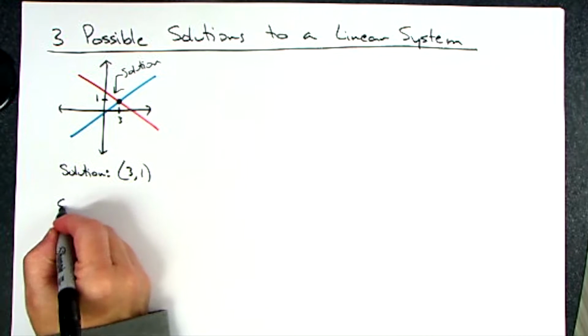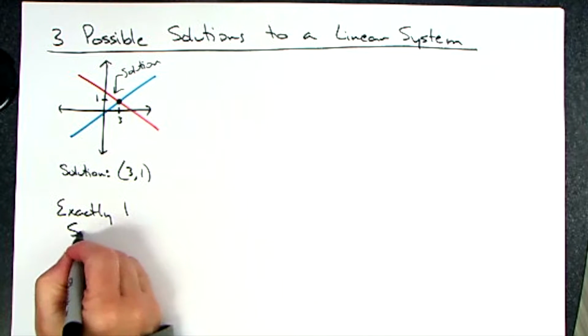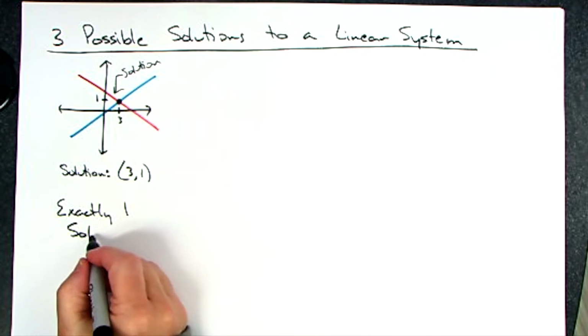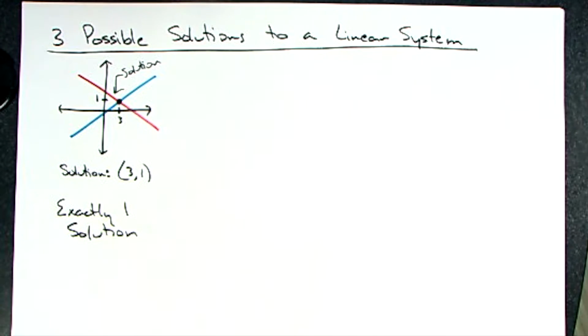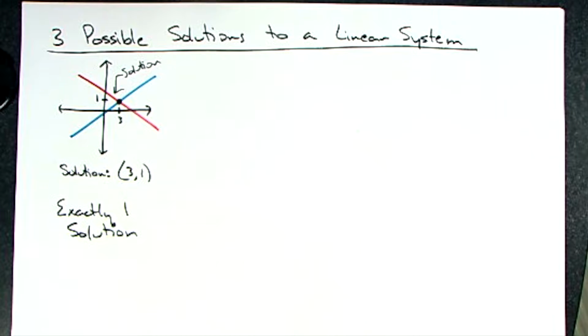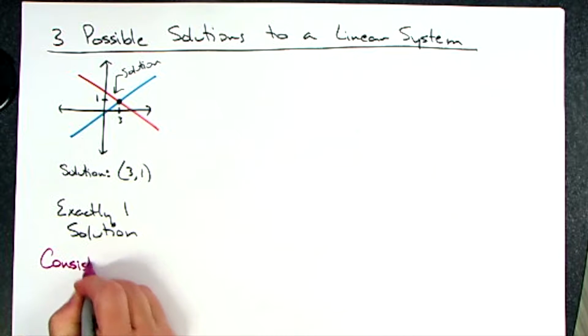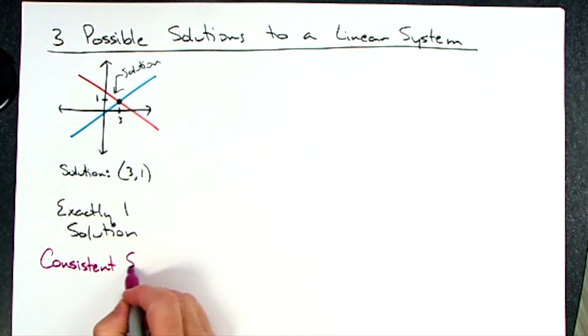So let's put exactly one solution. Now in high school, that's all we had to do. But I think you may encounter some questions where they want you to know that this is called a consistent system.